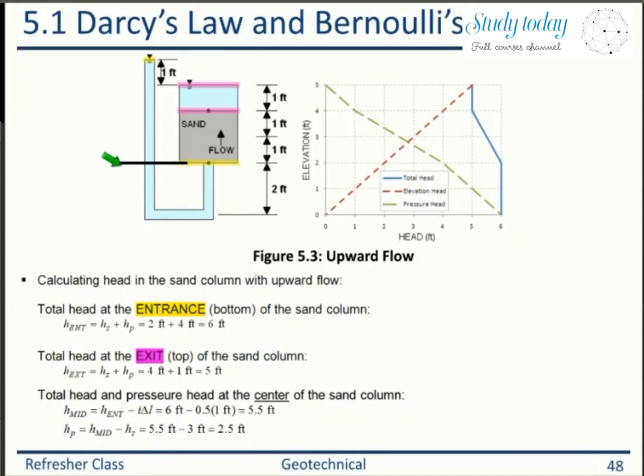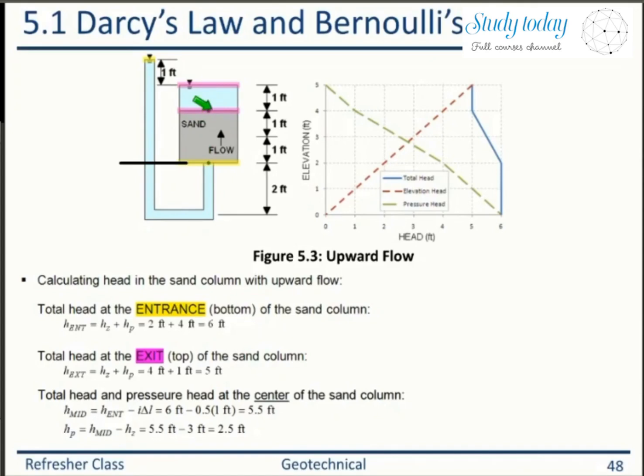So in this case, since the water level is higher at the bottom, which is indicated by the piezometer, and lower at the top, water should be flowing from bottom to top. So seepage is flowing from bottom to top.